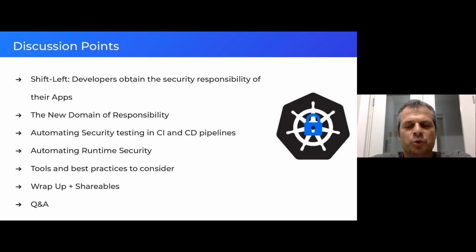I'll talk about how to automate all these security responsibilities and add them into the developers' workflows, whether it's CI or CD, and how we can even automate runtime security and make it part of our DevSecOps practices. We'll show some tools and examples and some live demos, and we'll be happy to answer questions and elaborate on items along the way. We prepared a packed agenda with a lot of interesting things. Stay with us, and I hope it's going to be interesting.